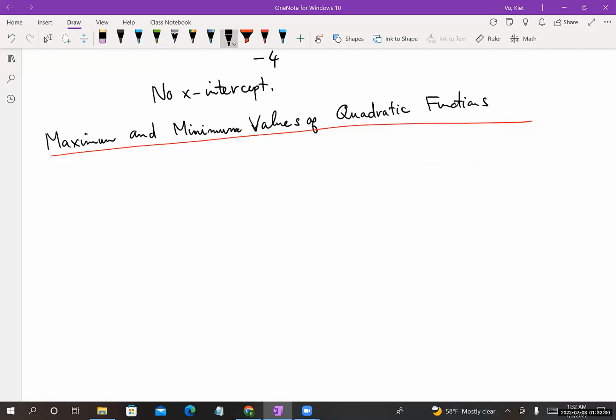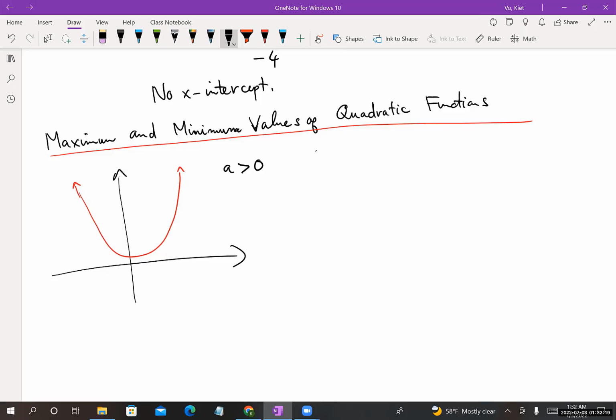Imagine you have a parabola that opens up. If it opens up, that means the coefficient a is greater than 0.